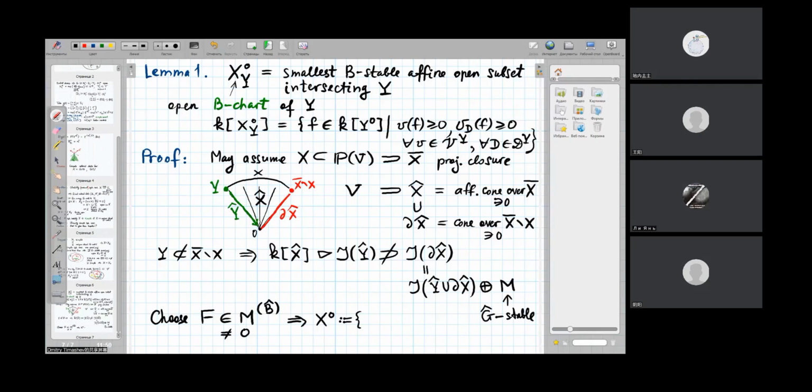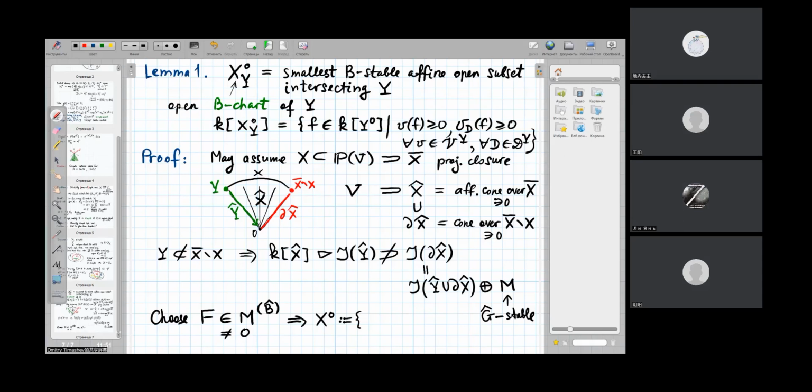X hat is stable under scalar operators, and the vanishing ideal of this cone is homogeneous. It just means that it is semi-invariant under the scalar multiplication. Exactly. So you may say that homogeneous is the same as coming from a homogeneous polynomial on the whole vector space V, because the vanishing ideal of X hat is homogeneous.